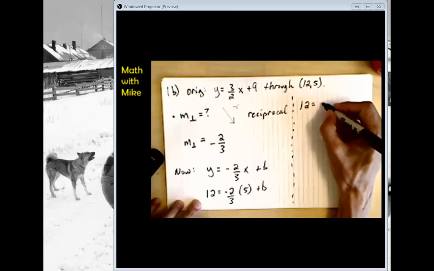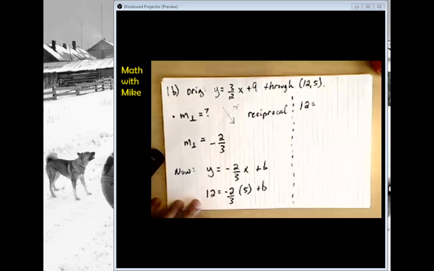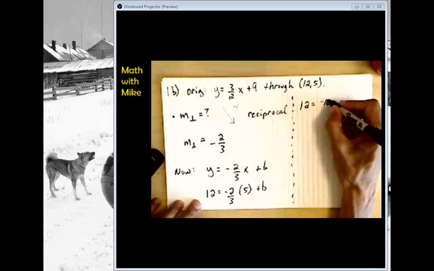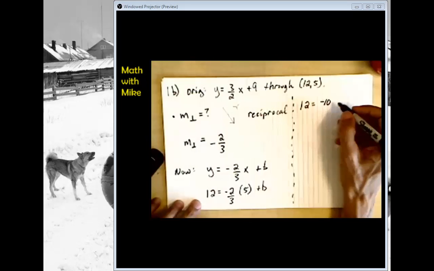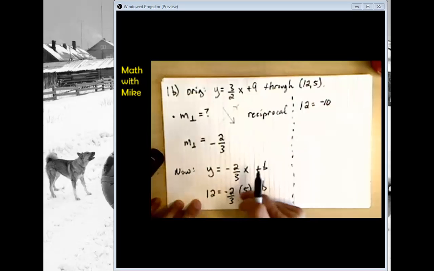Top times the top, invisible bottom times the bottom. Minus 10. And then what's on the bottom? Minus the 15. No, this 5 is going to stay on the top only. Okay, this 5 is over an invisible 1, which is now no longer invisible.